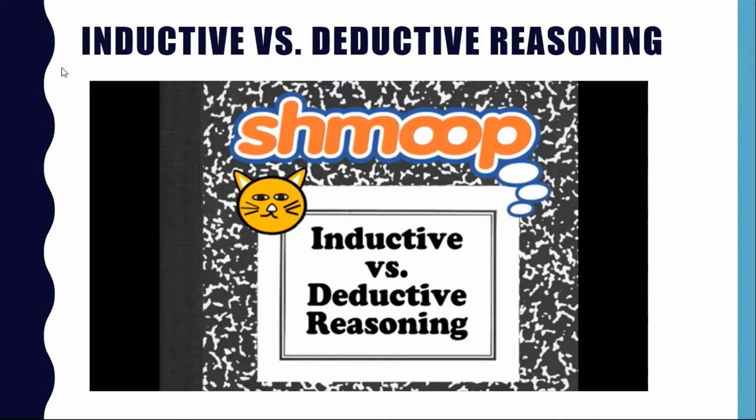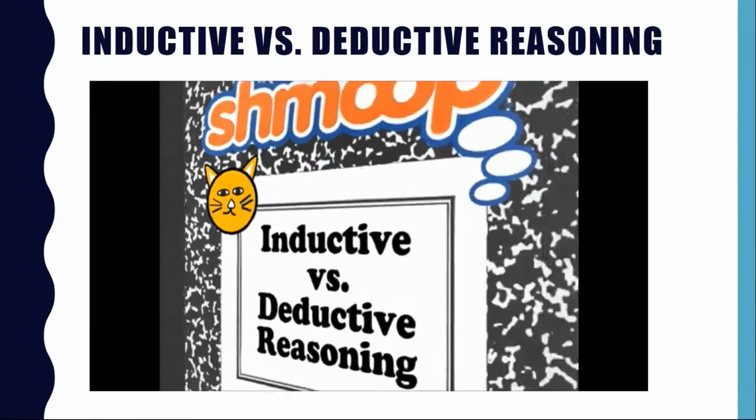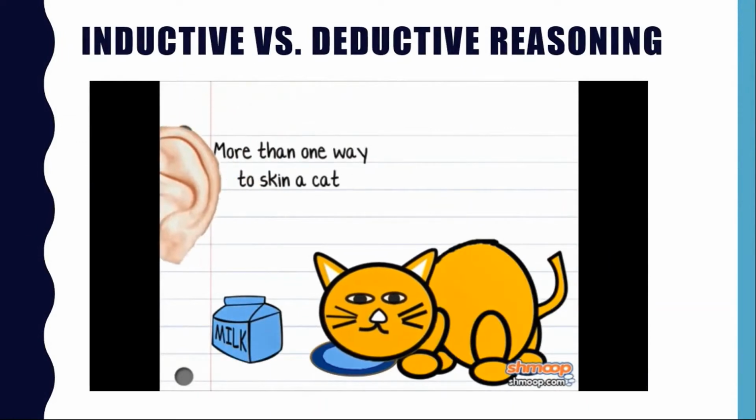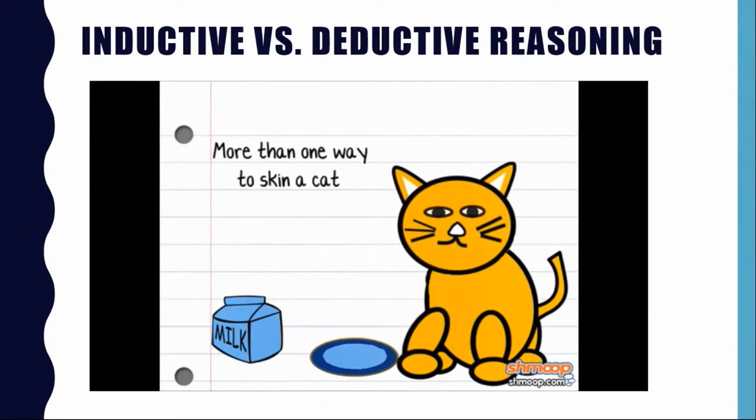Here's a very visual explanation of inductive and deductive reasoning. Inductive versus deductive reasoning, a la Shmup. As you may have heard, there is more than one way to skin a cat, although none of them are endorsed by PETA. In the same vein, there is more than one way to apply reason.